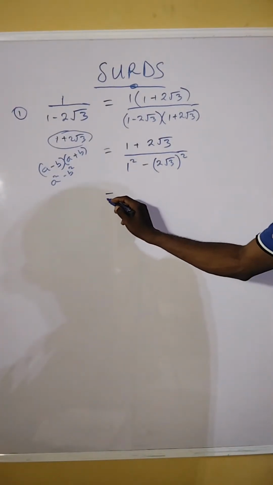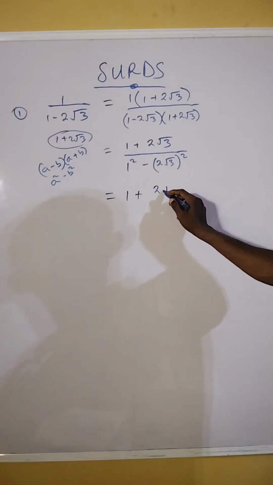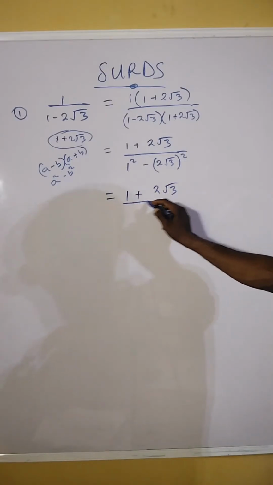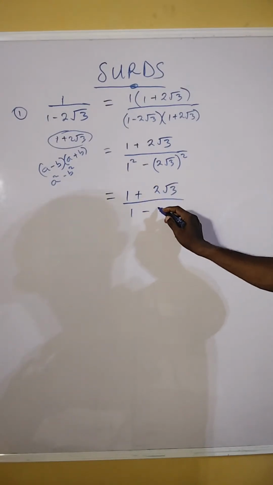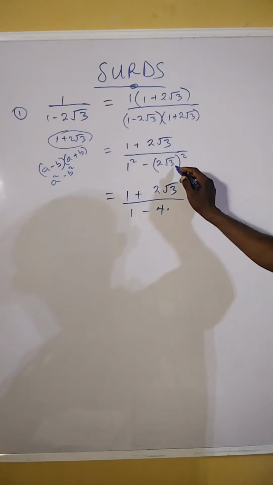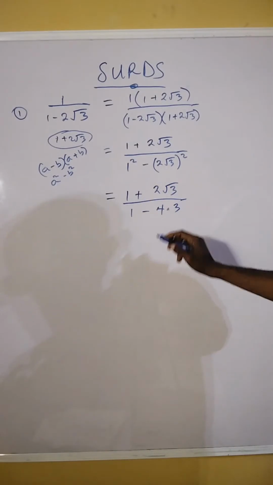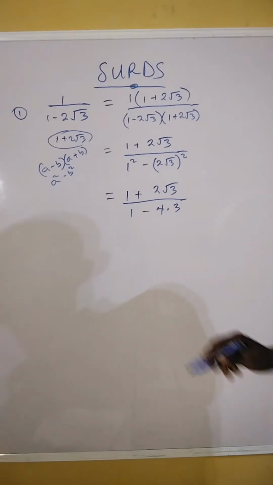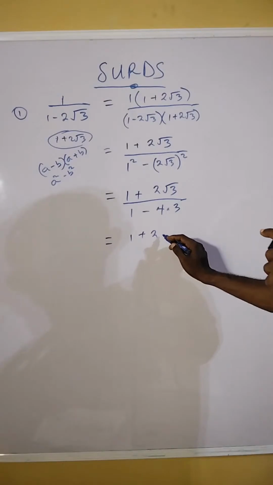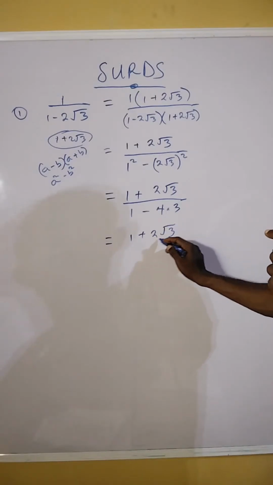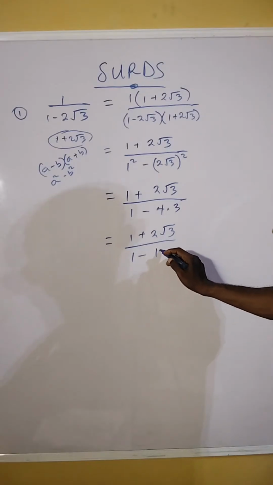Then here we have 1 plus 2 root 3 over 1 squared is 1, minus this squared, effect 2, that's 2 squared, 4, times also effect root 3, root 3 squared, that's 3. That is, here we now have 1 plus 2 root 3 over 1 minus 4 times 3, that's 12.